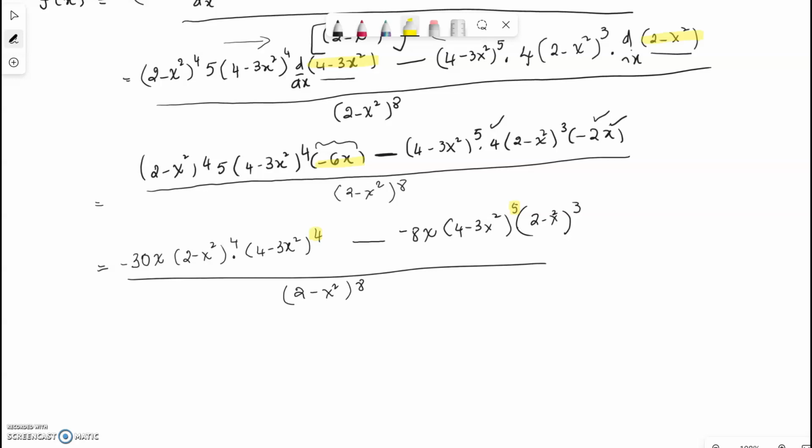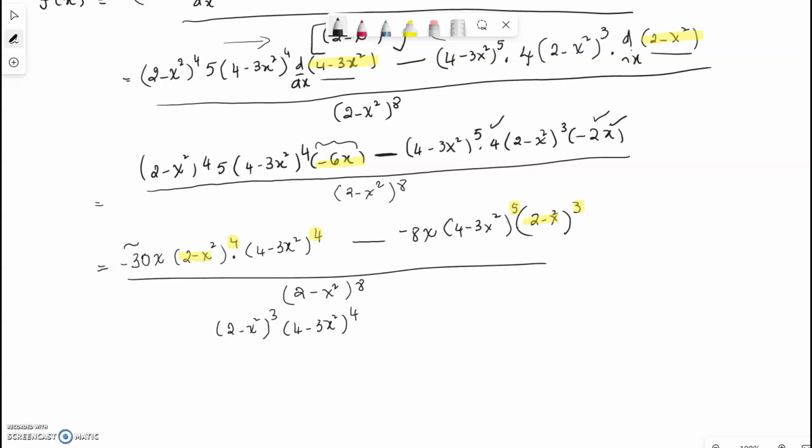The smaller of the two, which is 4 minus 3x squared to the 4th power, is a common factor. Next, we look at 2 minus x squared to the 4th power and 2 minus x squared to the 3rd power. The smaller exponent is the common factor, so 2 minus x squared, the term with the smaller exponent, which is the cube, is a common factor.